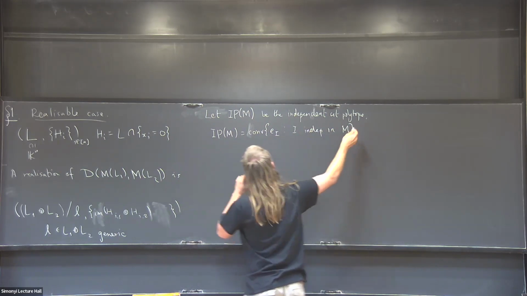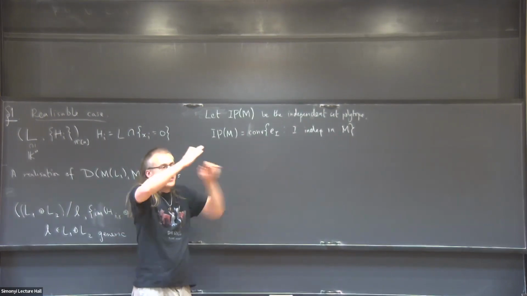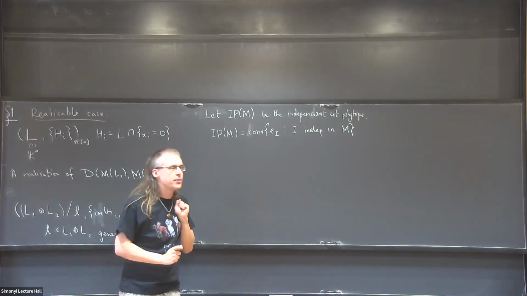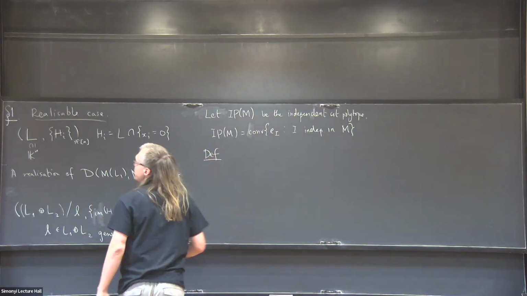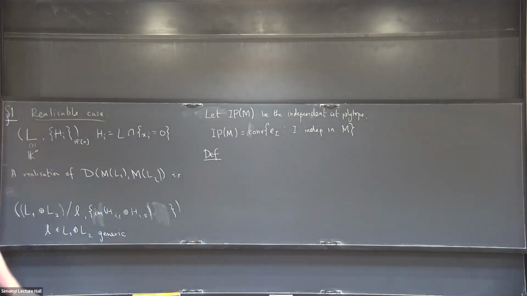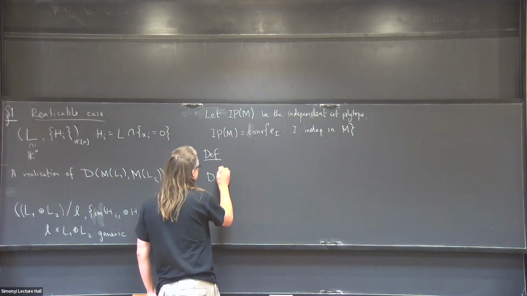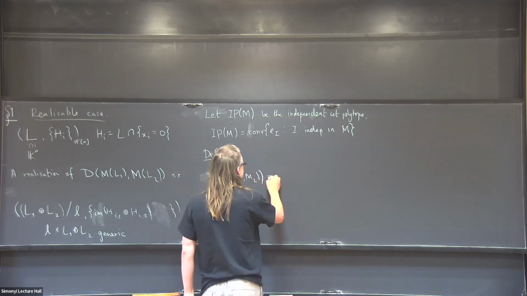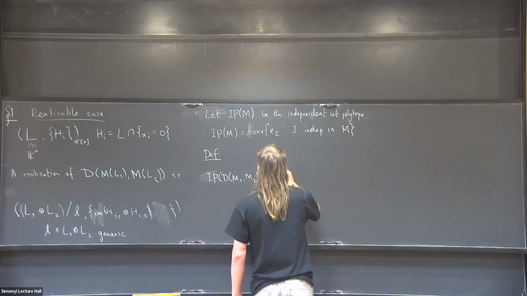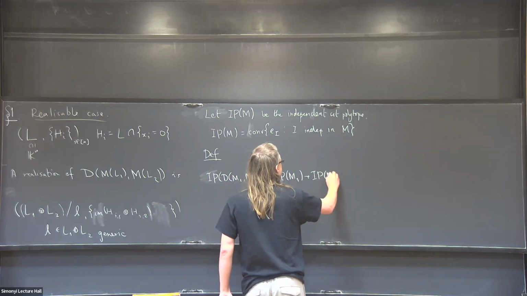I had the basis polytope last time. You just take all the points with non-negative coordinates that lie underneath the basis polytope, and that's the independent set polytope. Then the definition of this matroid is going to be that, through its independent set polytope, I take the Minkowski sum of the given independent set polytopes.